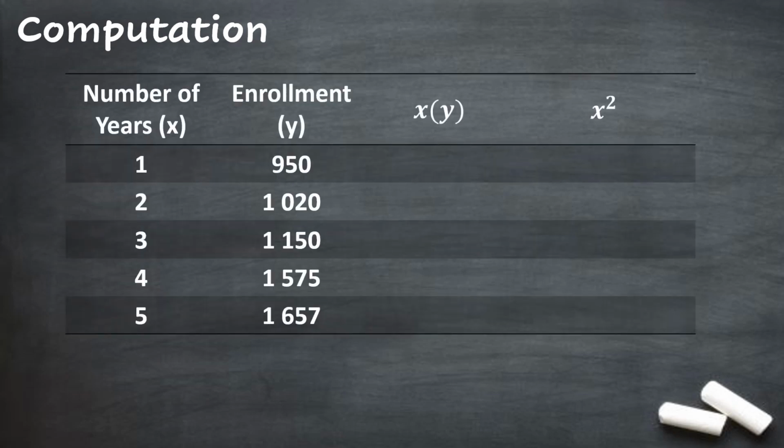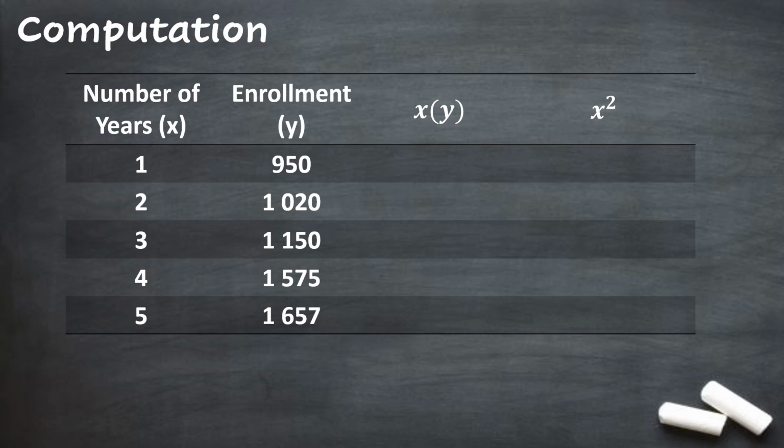All you have to do is just compute, and we don't have any step-by-step procedure for regression analysis. For the manual computation, kindly follow the steps. First, we have to come up with a table wherein you write down all the values for your x and the values for your y. You also have to construct a column for x multiplied by y and another column for x squared, because these are the values that we need in order to get the value for a and b.